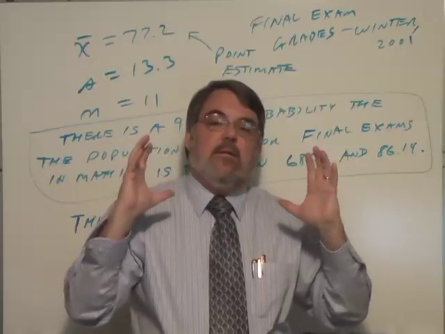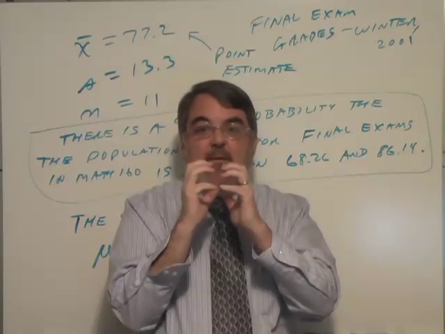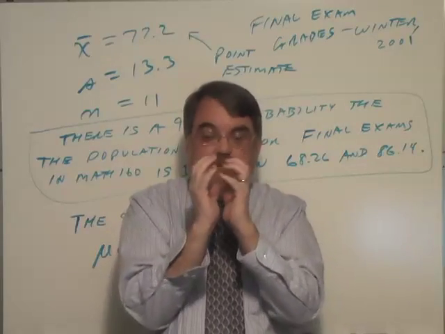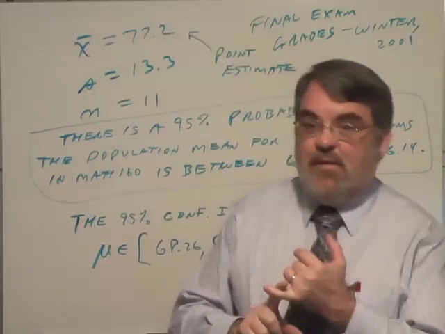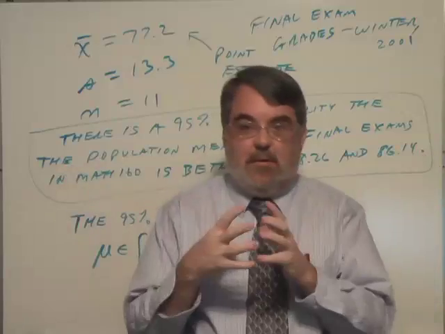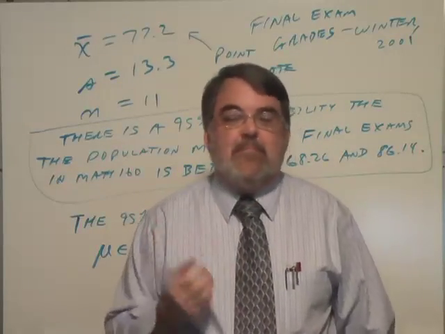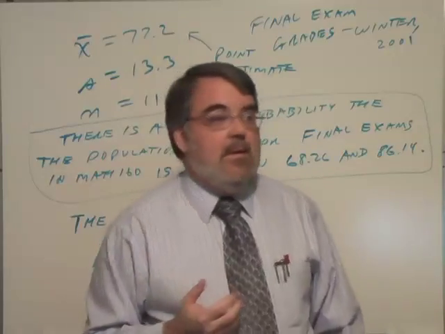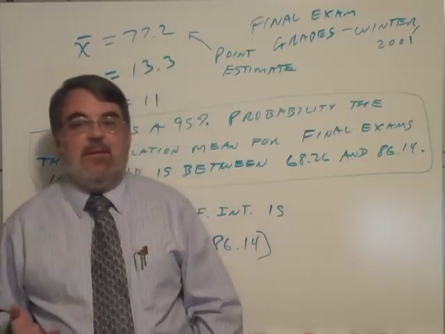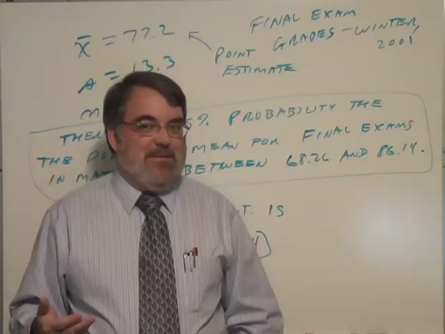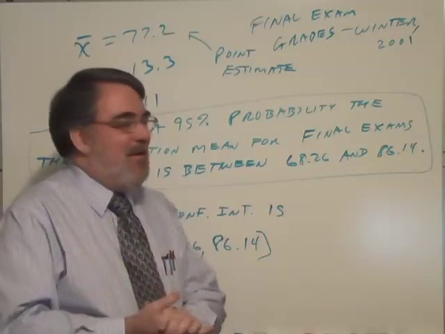But a large sample size will bring it closer together. And that would be good, because then we get more accuracy. We can say, well, look, I'm 95% sure it's between these two values. So a larger sample gives you smaller confidence intervals, which is good. More focused result. And so, you might think, well, this doesn't tell me much. Well, if that's the case, then I need a bigger sample, don't I? Okay, it's only so much you can do with 11 pieces of data.